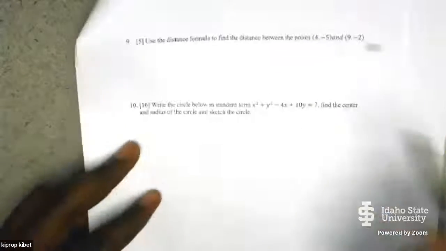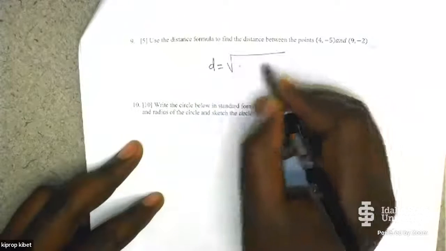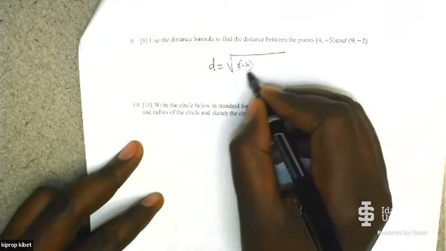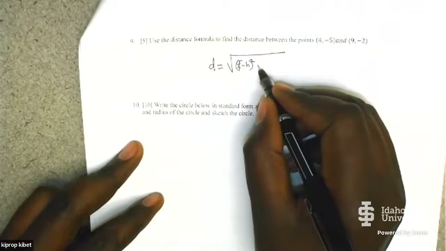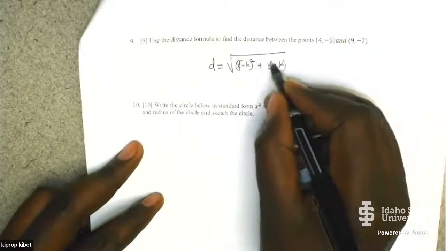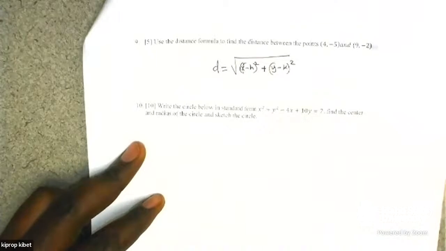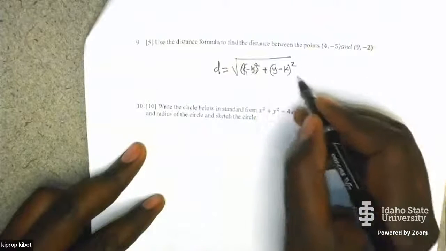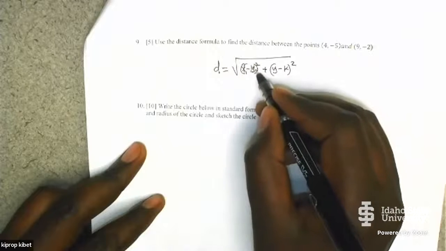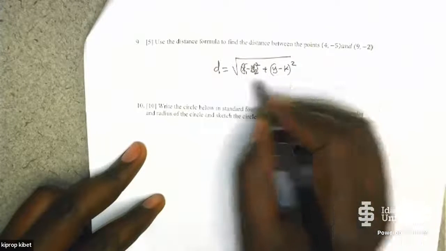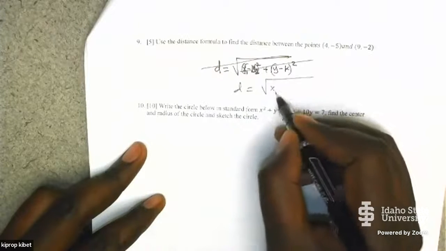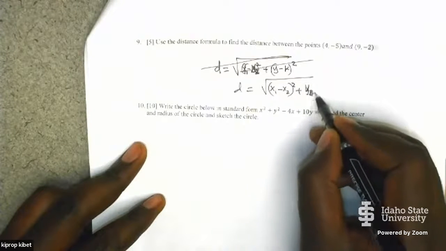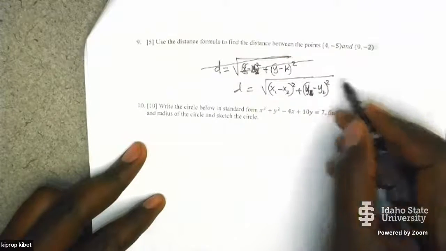Okay, finally, the distance. We say d is equal to the square root of x1 minus x2, then the square, plus y1 minus y2, squared.